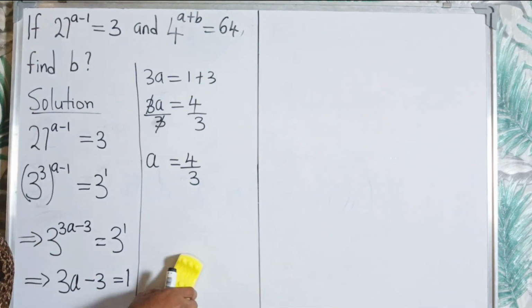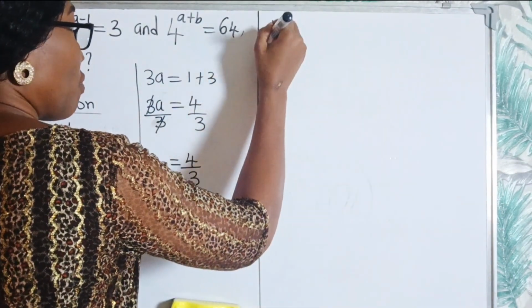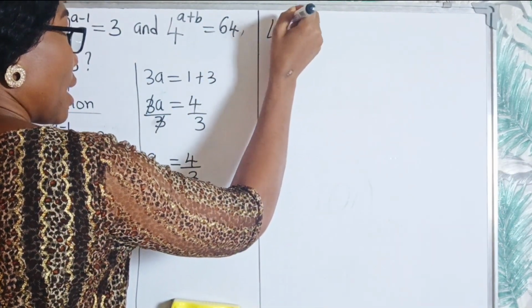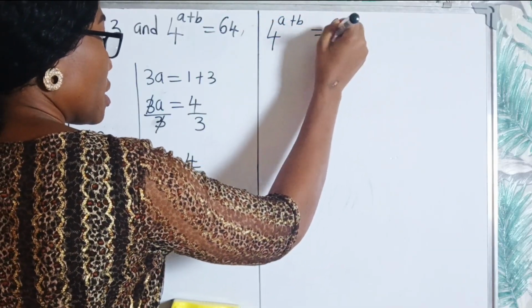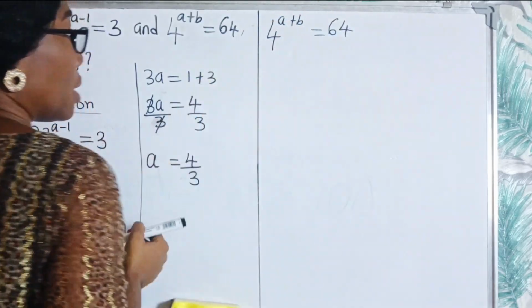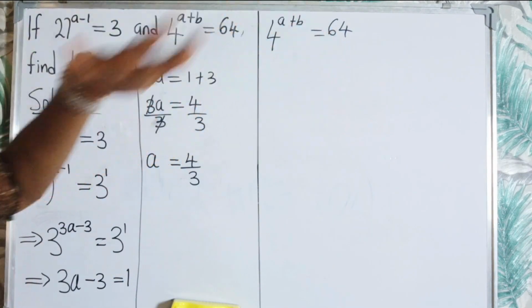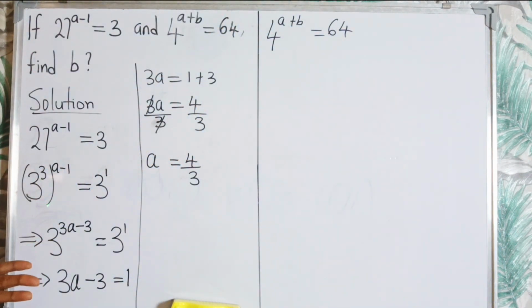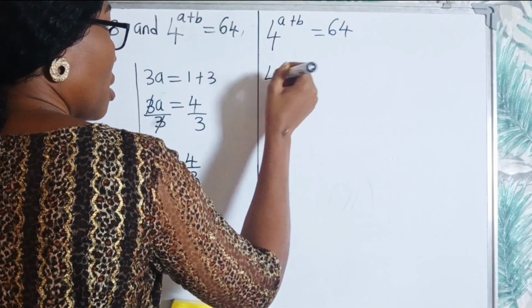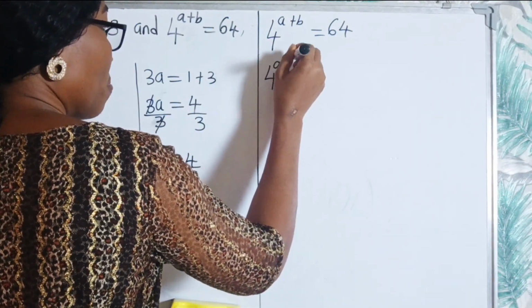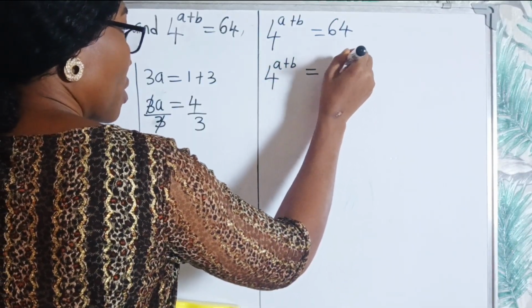Okay, so let's treat the second equation. So here we have 4 raised to power a plus b, and this is equal to 64. Now, 64 can be expressed as 4 raised to power 3. So here we have 4 raised to power a plus b is now equal to 4 raised to power 3.